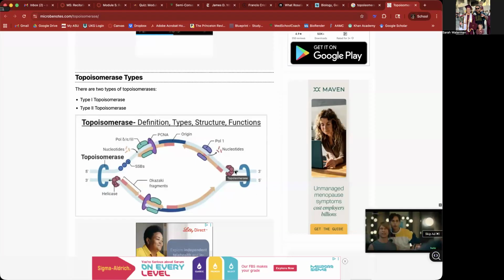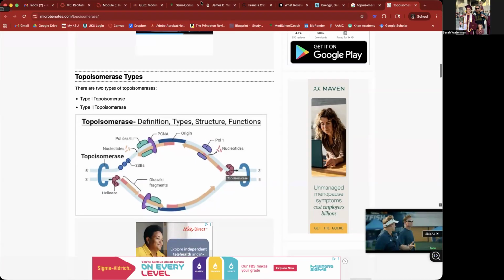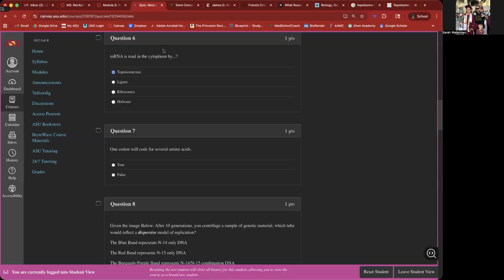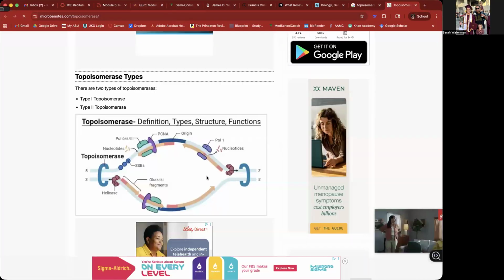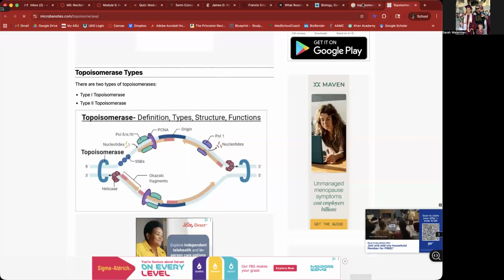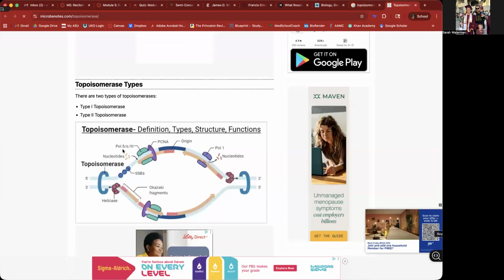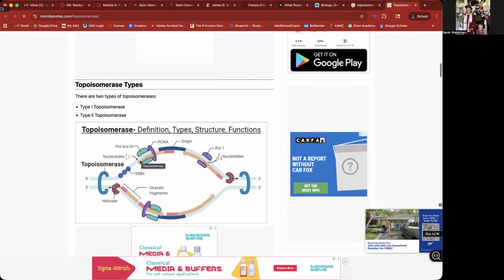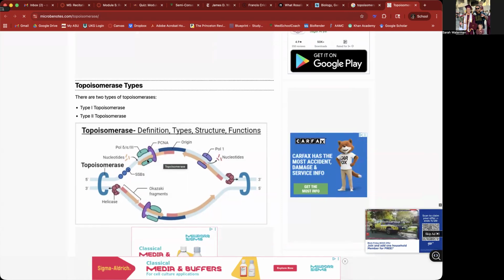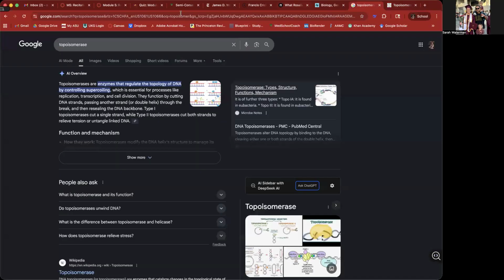And then we would also have our helicase, which is what is going to split these open. It's like this little triangular thing that moves this way, up and out of the way. And so what we're seeing here is a polymerase that's going to be doing the replication. So that's what we're seeing here.